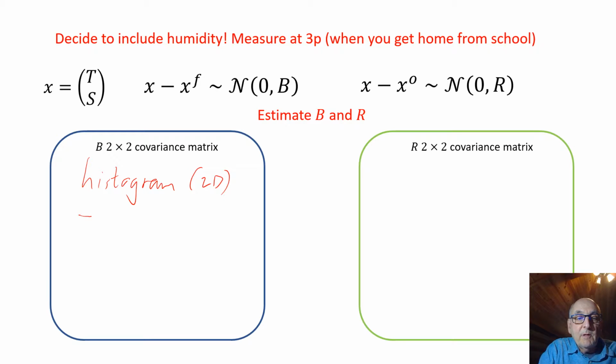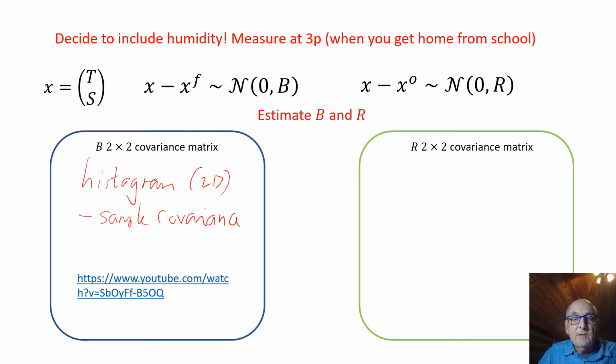But if you think about it in 2D, you have to think about exactly what it is, but it's called the sample covariance because you're using a sampling of your distribution, which is what you're using to form the histogram. If you want to look up what that is, there's a nice simple YouTube video which explains it very nicely in exactly 2 dimensions. And then you're going to do exactly the same thing for R, right? You're going to do a sample covariance.